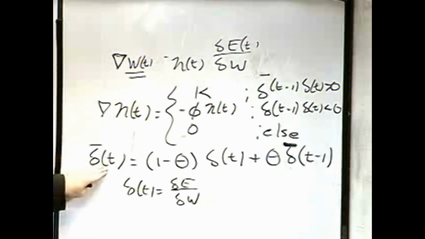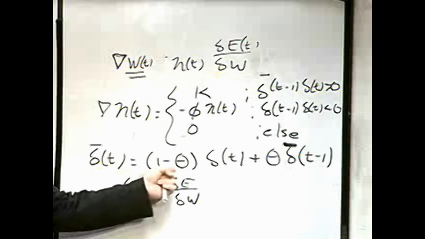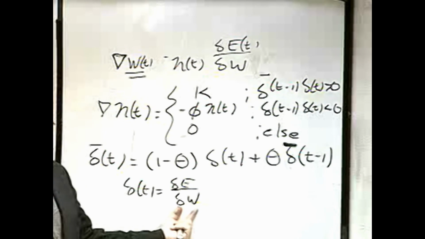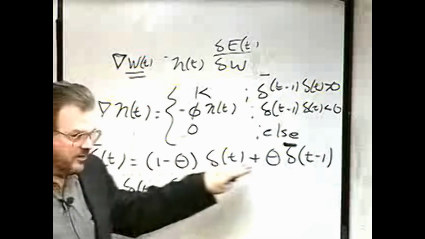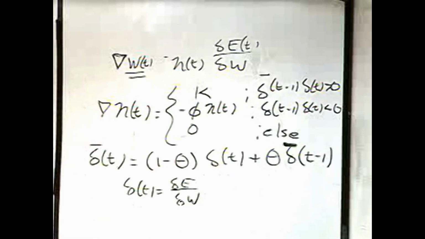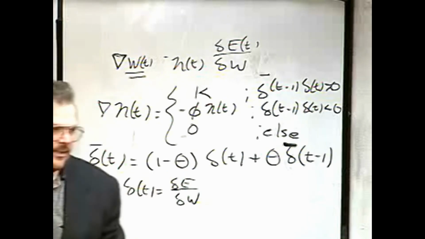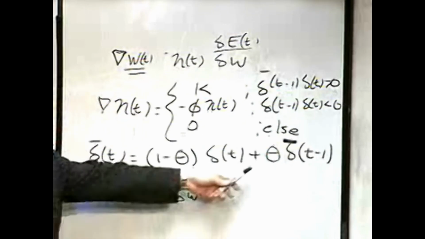Now, delta bar, and this is the reason it's called a delta bar delta, is equal to 1 minus theta times the slope, this is the del E del W, plus theta times delta bar. This is an exponential moving average. If you solve this, it's the same as taking the history of the delta functions and weighting the history in an exponentially damped fashion according to a time constant of theta.